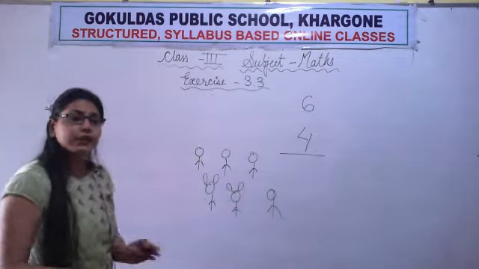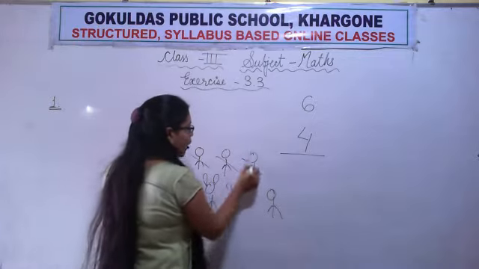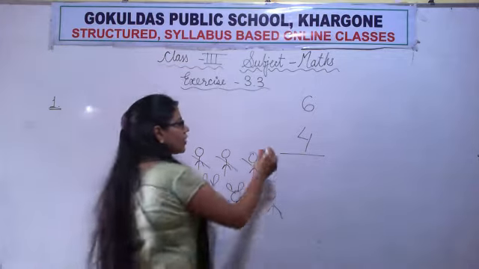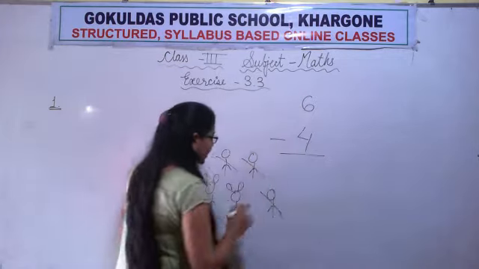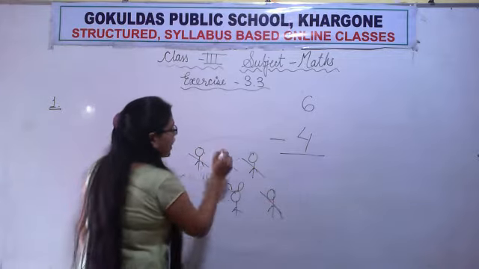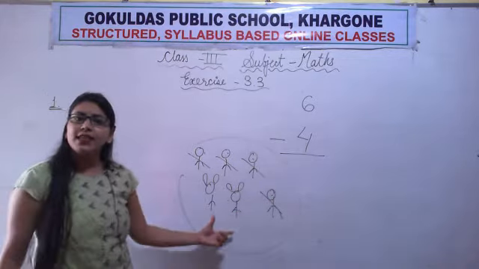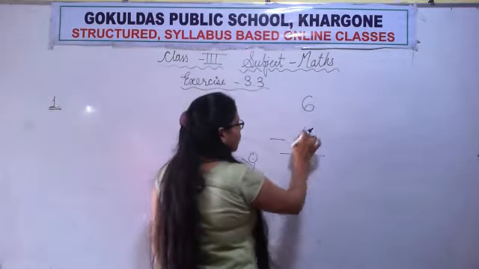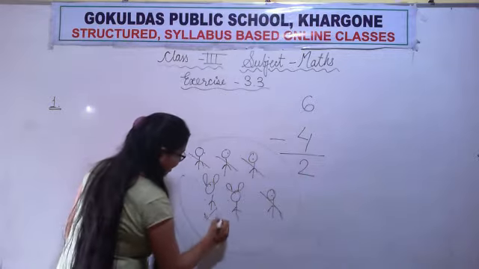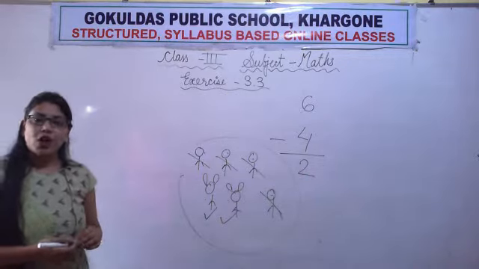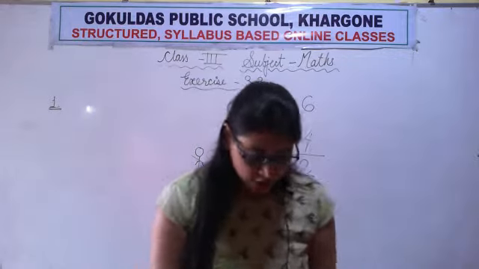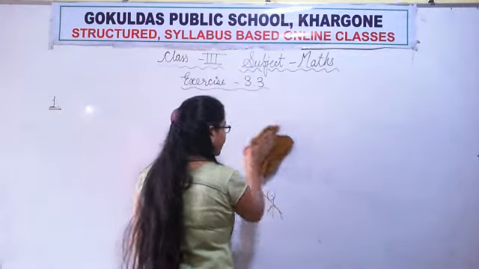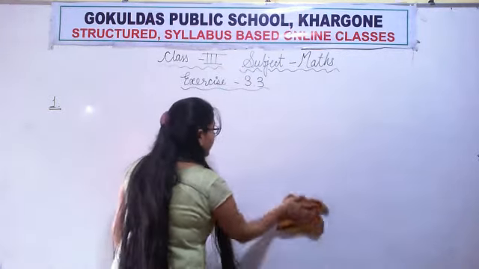So how many are girls? If we remove the 4 boys from all 6, then only girls will be left. So we subtract 4 from 6 and we get 2. That is the number of girls. So this is how we can perform it. This was the example for 6, 4 and 2. Now bigger numbers are there.